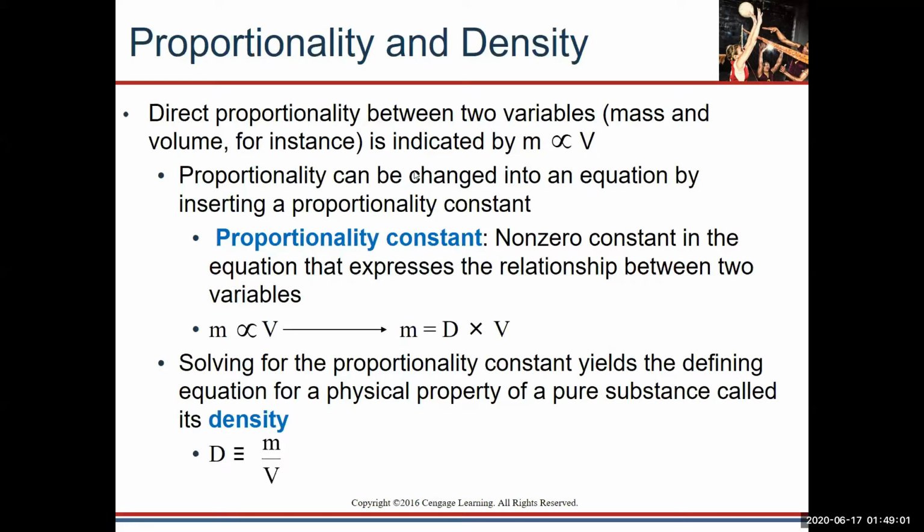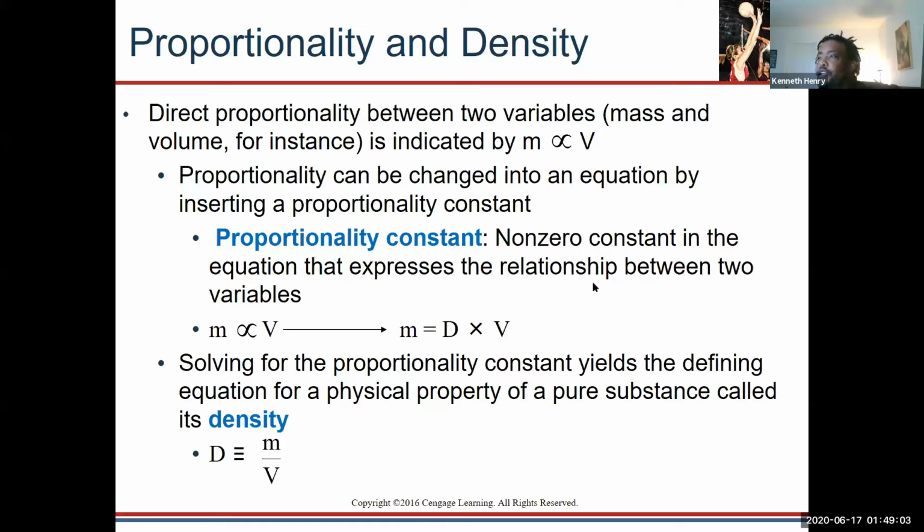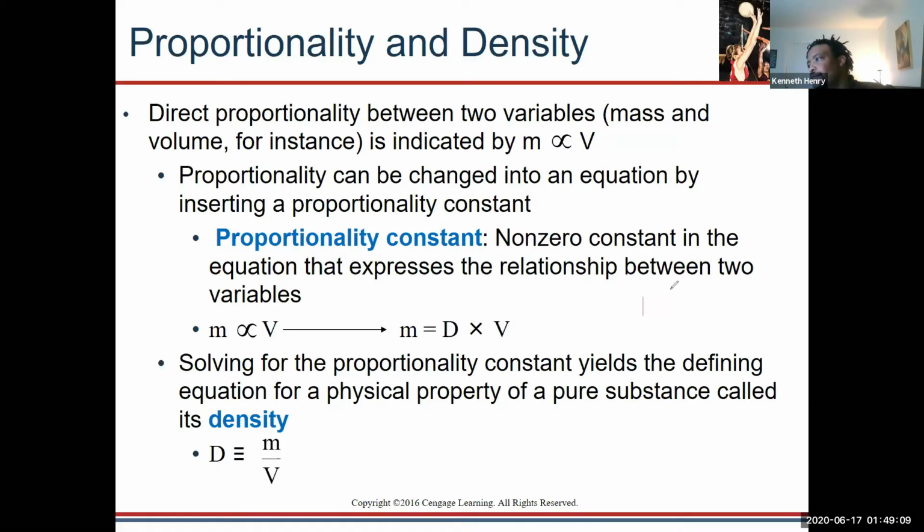That is correct. So the density of water is always going to be 1 gram per milliliter at 20 degrees all the time.